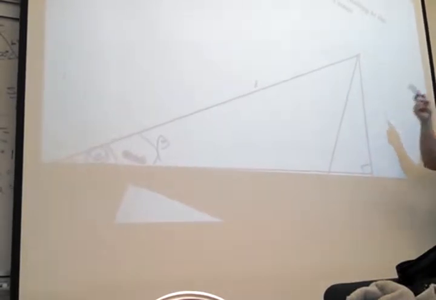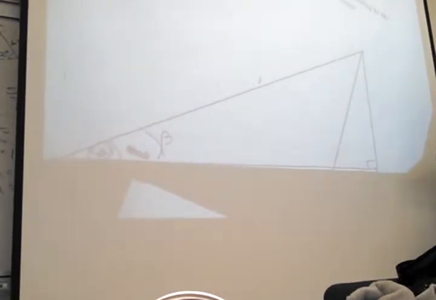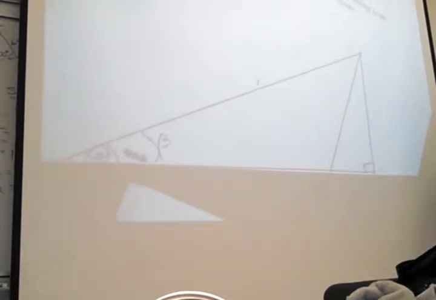If this problem were to come up, how can we make the assumption that that angle right there above the rectangle is a right angle? I created it. I made it a right triangle.